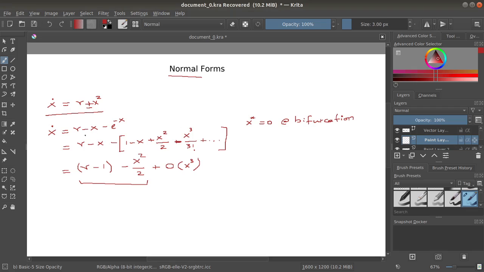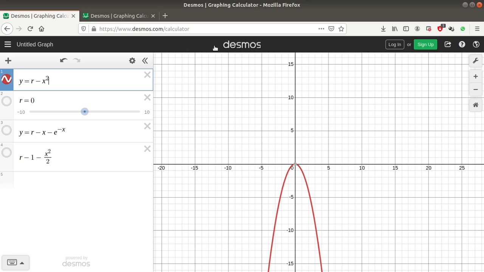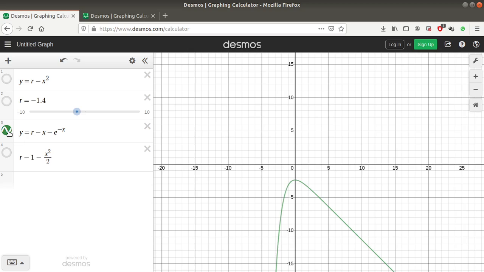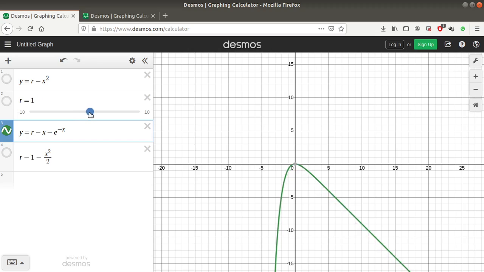Now let's plot this function. How does it look if I plot this function? Let me hide this, and then let me start with this one. So this is the curve I'm getting, and if I plot it, yes, suddenly I'm getting 2 fixed points, right?